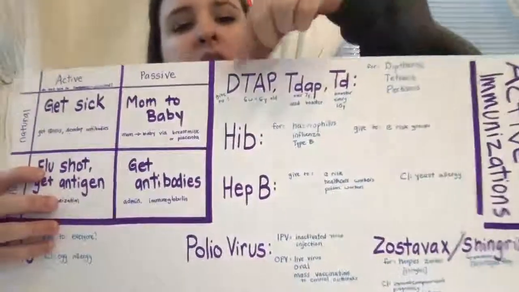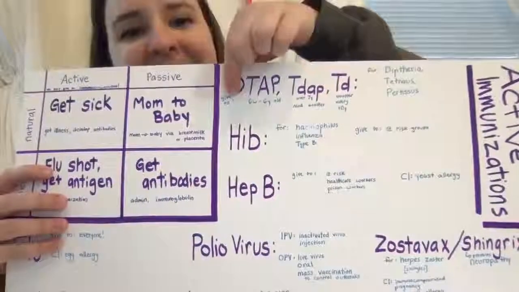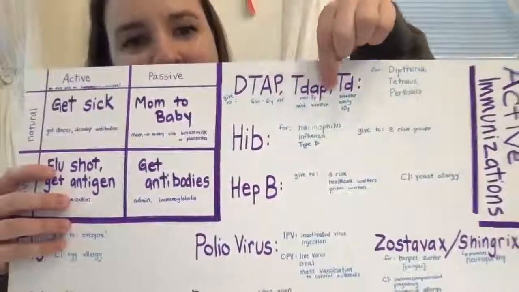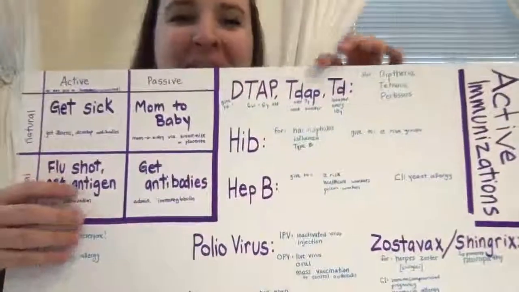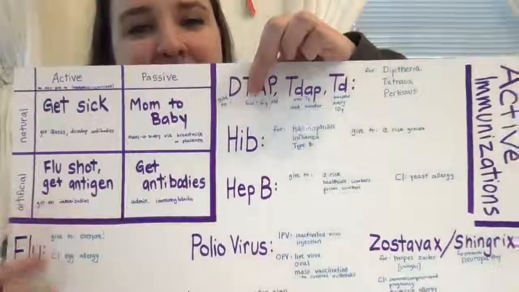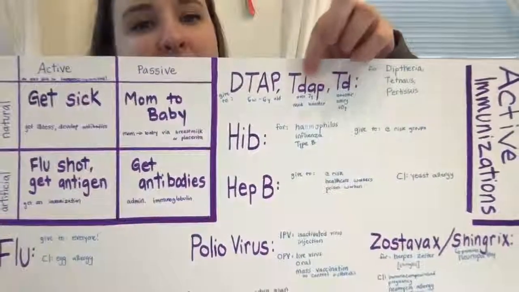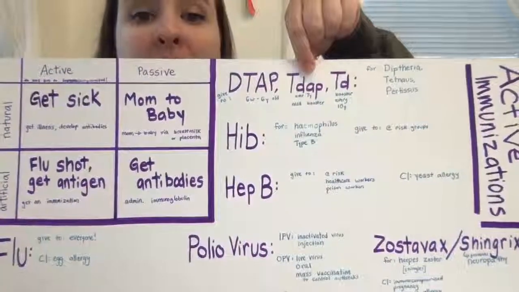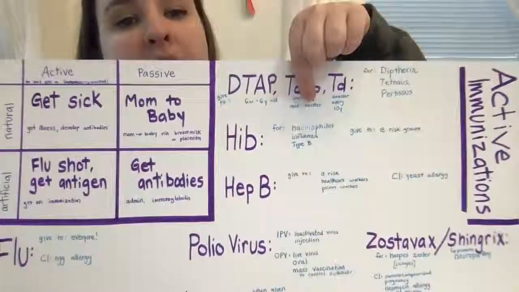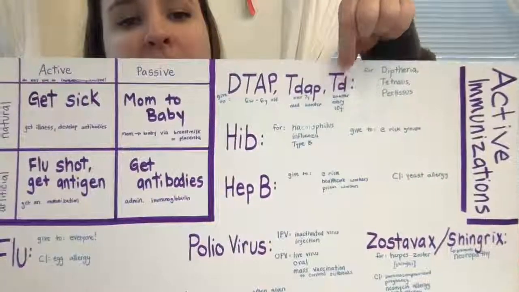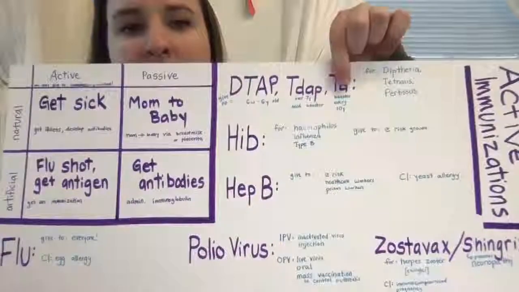You'll see underneath each one, this one you can administer to patients 6 weeks to 6 years old. Tdap is typically patients who are over 7 years old, so if they didn't get it earlier, they get it here. And Td is the booster shot that patients can receive every 10 years.